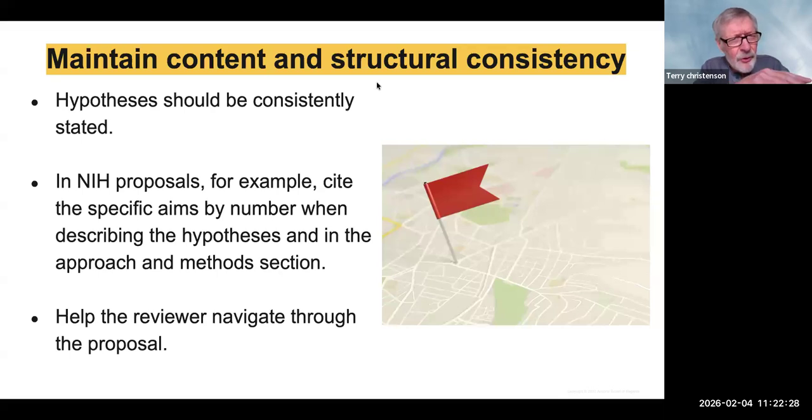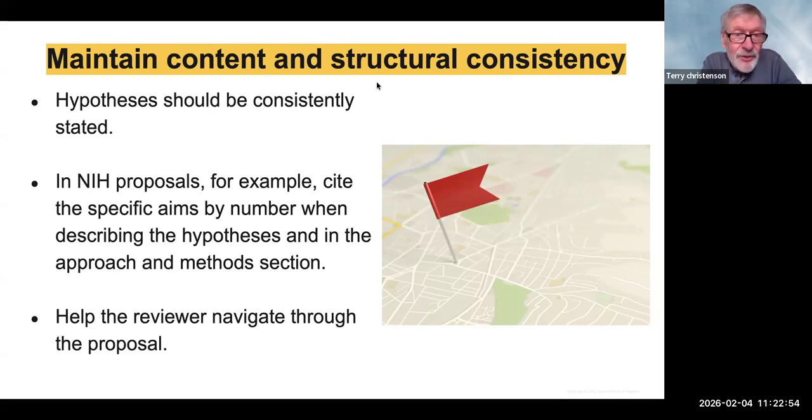Am I misunderstanding what's going on? I've got to go back to the original statement of the question or the hypothesis, and then I have to come back to the other statement and try to reconcile them. Again, this is cognitive load on your reviewer, and you don't want to do that. These people have other things to do than try to figure out what you're actually doing.